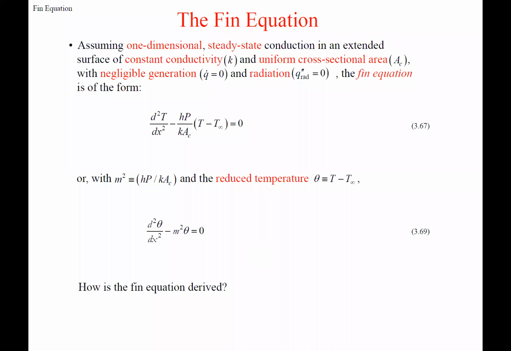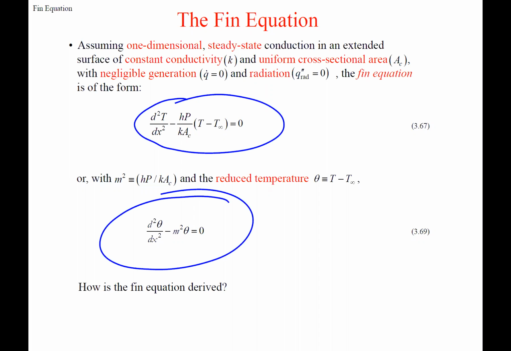So we're going to develop this equation, and then go even to the one where we substitute in some factors or constants. But how is this derived? And so let's do that.